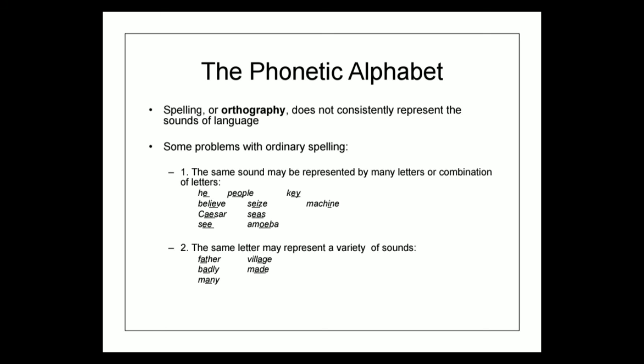The same letter may represent a variety of sounds. For example: father, village, badly, made, many. We can see the position of A and the differences in the pronunciation of individual words.